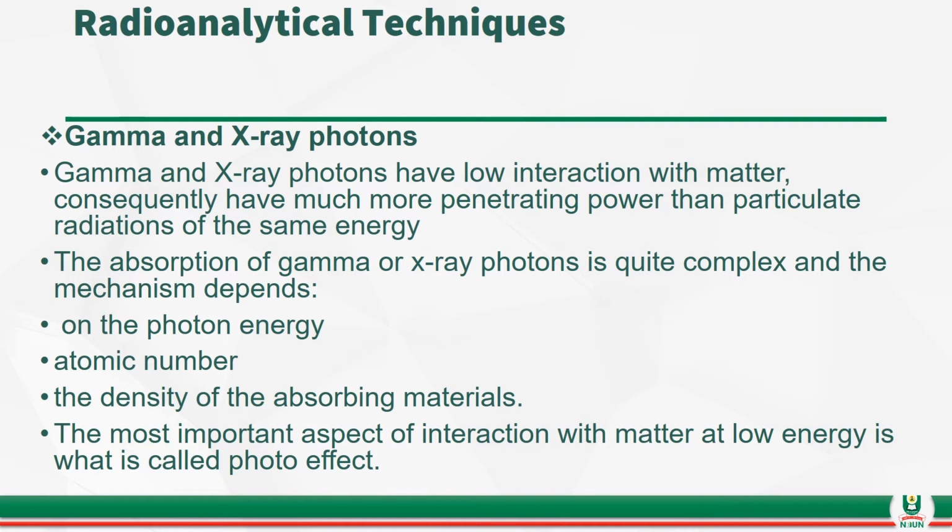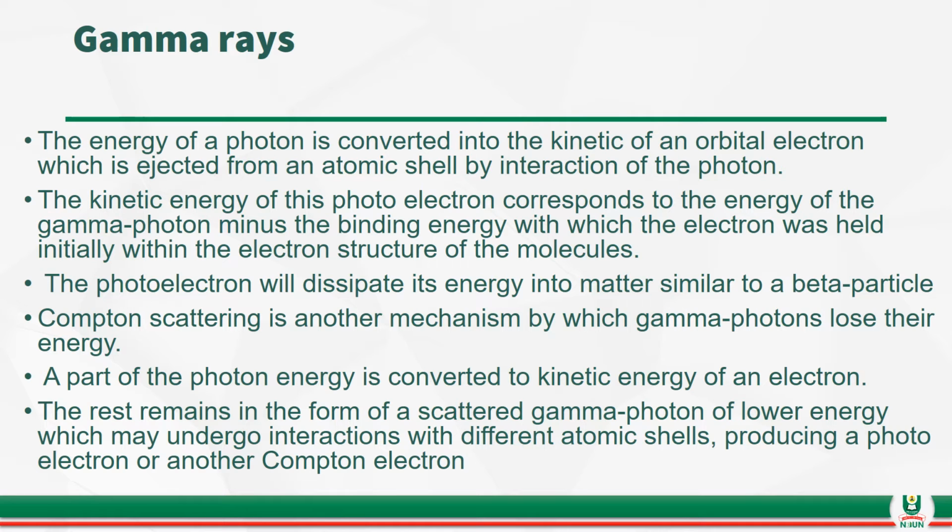The most important aspect of interaction with matter at low energy is what is called photo effects. Now, the gamma ray proper. The energy of a photon is converted into the kinetic energy of the orbital electrons, which in turn is ejected from an atomic shell by interaction of the photon.